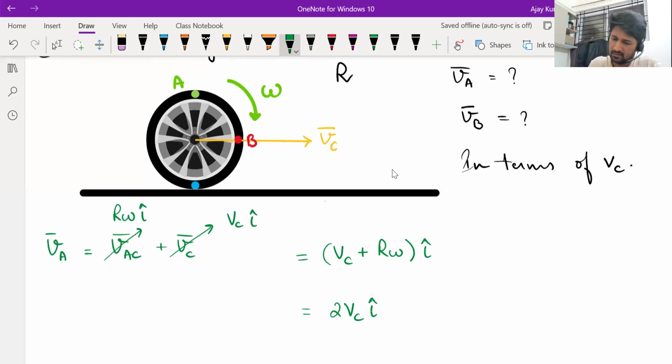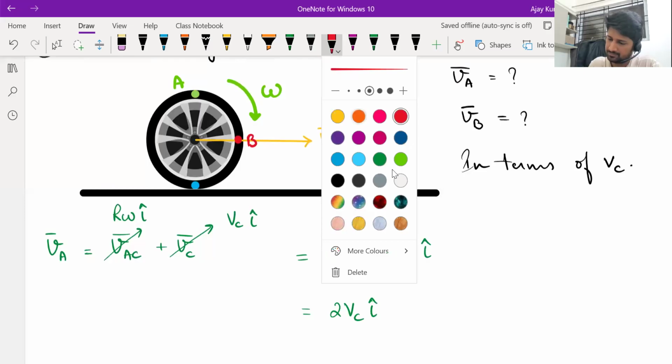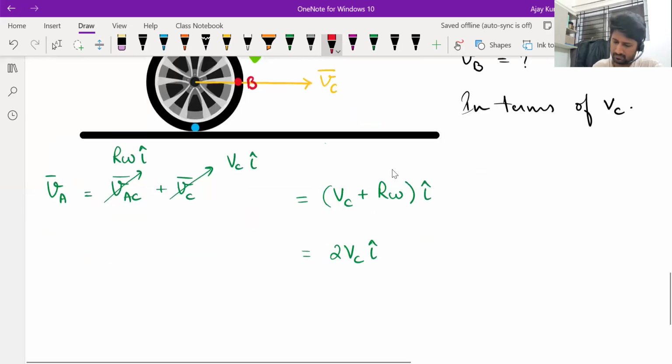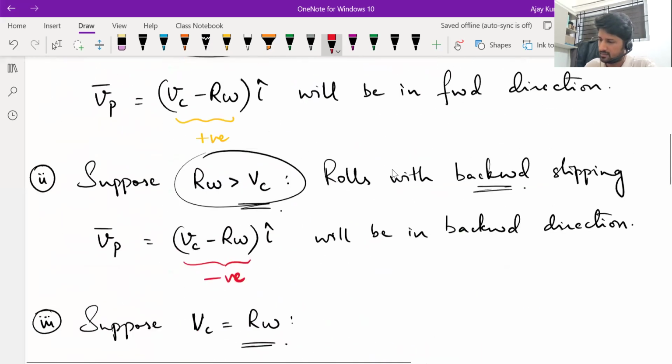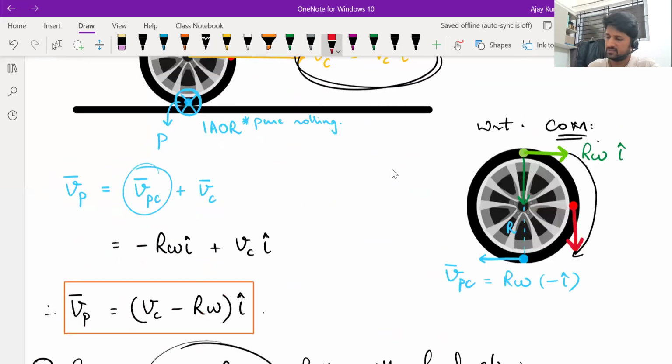Fine. Next, the point B. We need the velocity of B with respect to center. Velocity of center is already known: VC I cap. Because the wheel is spinning clockwise, B with respect to center of mass will be moving in the downward direction.